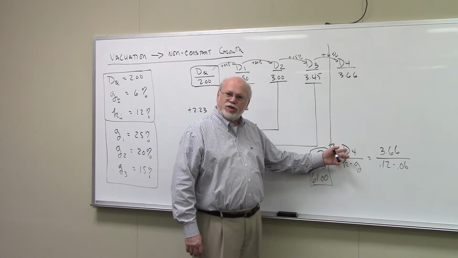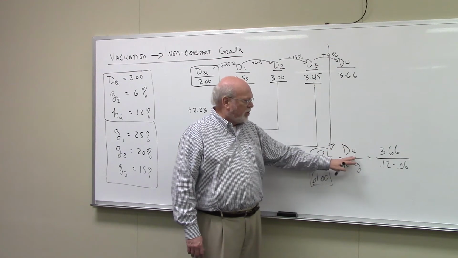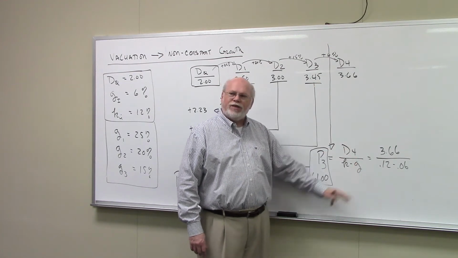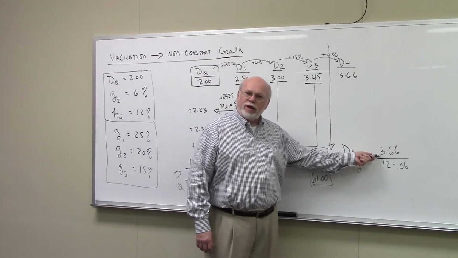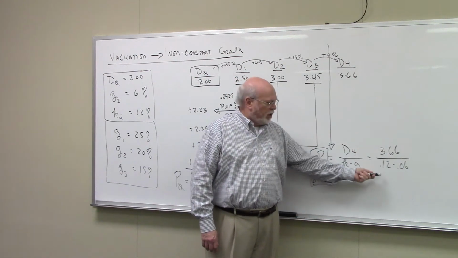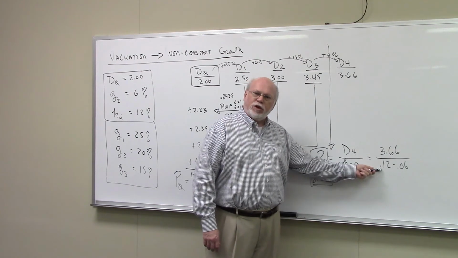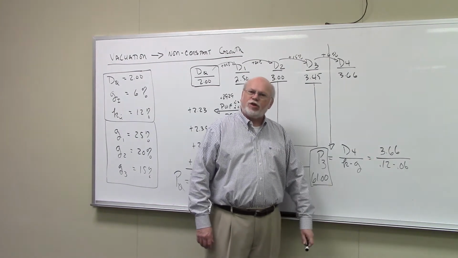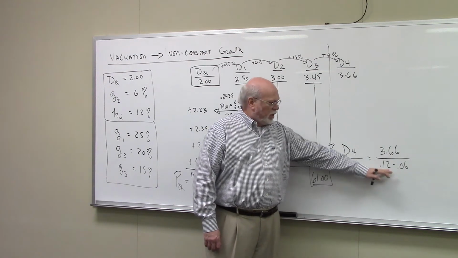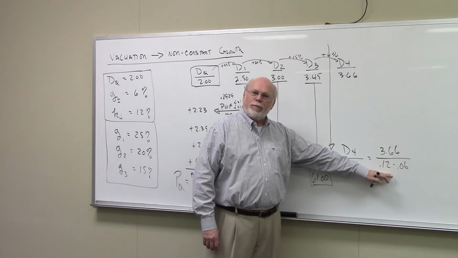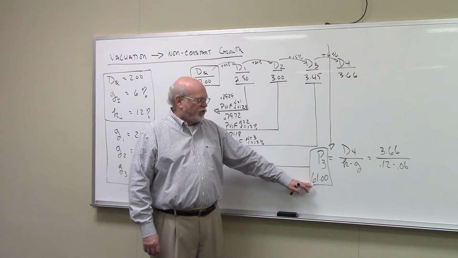You use the constant growth model, you take D4 and divide by K minus G. D4 is $3.66. You require a return of 12%, and you expect constant growth of 6% per year. 3.66 divided by 0.06 gets you $61.